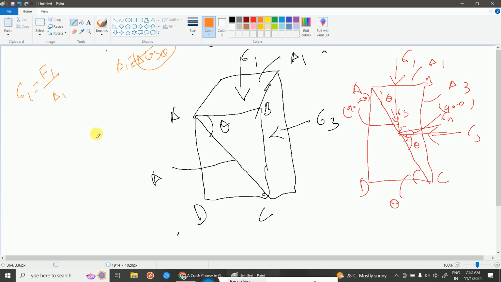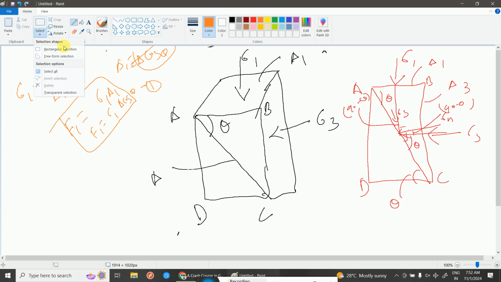So put this value in: F1 is equal to sigma 1 A1. So F1 is equal to sigma 1 A cos theta. This is equation number 1.